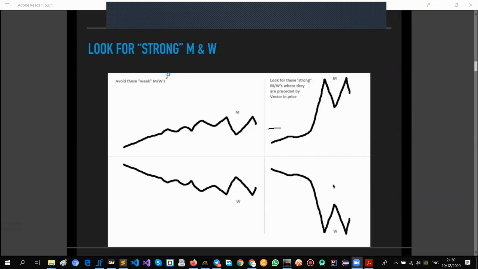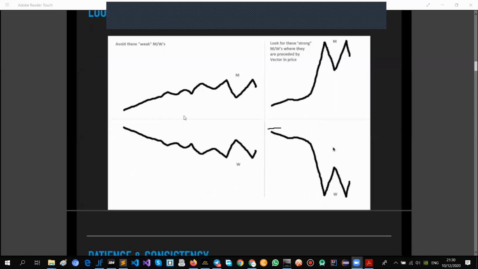So the difference between a sharp M and W: there are what's called weak and strong M's and W's. As you can see, this is clear. A W that's sort of fading is weak.